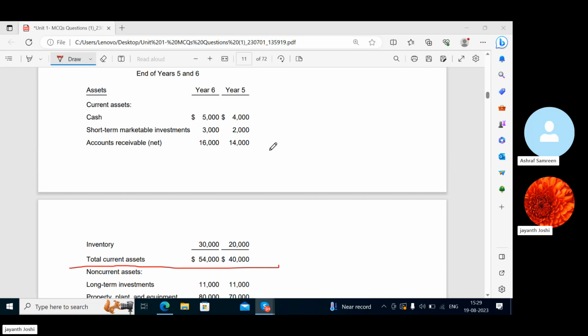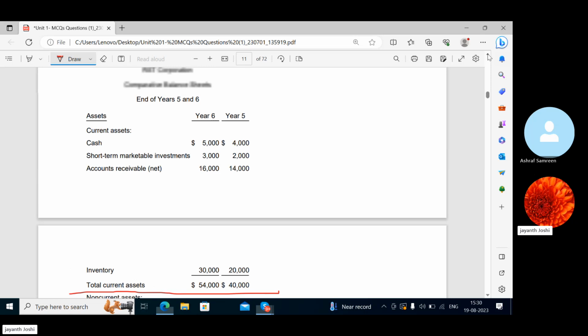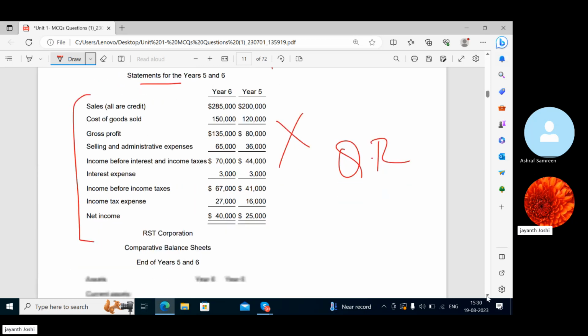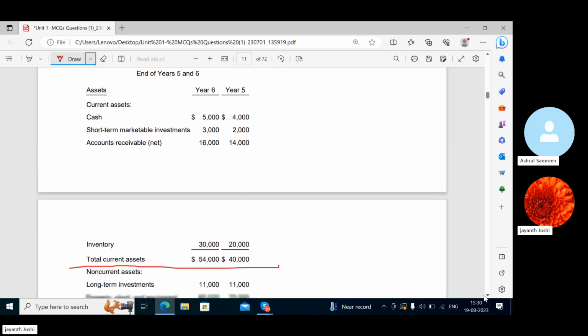As you know, they're asking quick ratio calculation. So the income statement they have given unnecessarily. There's no need to consider that. Secondly, you have the balance sheet. In that we only require current assets. We don't want anything else, right? Because to find out the quick ratio, you want what?